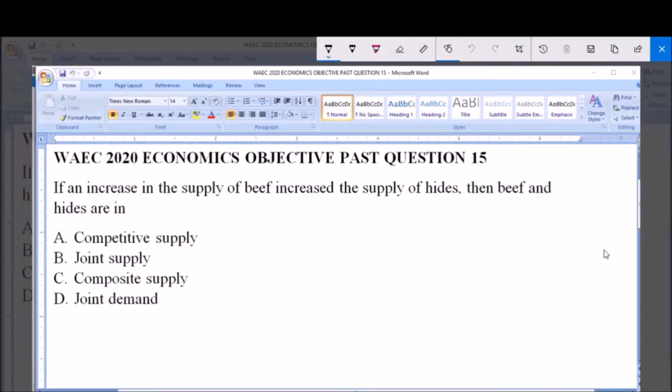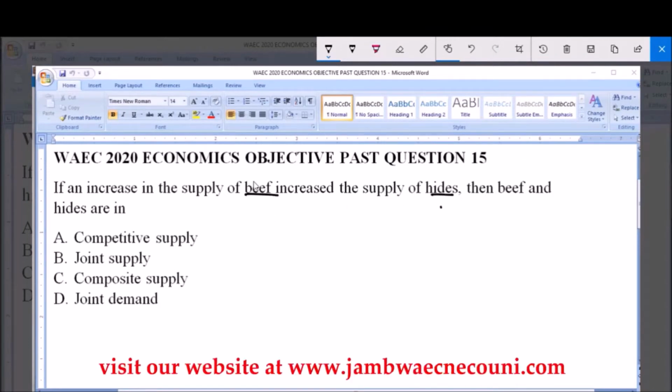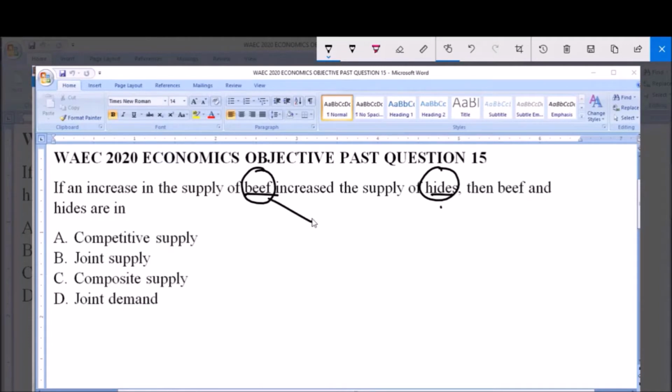So we're asked what happens when you have two products, hides and beef. Here the increase in supply of beef increased the supply of hides. Both of these products are gotten from the same source, that is cattle. When you have two products obtained from the same source, it is linked to the type of supply known as joint supply.